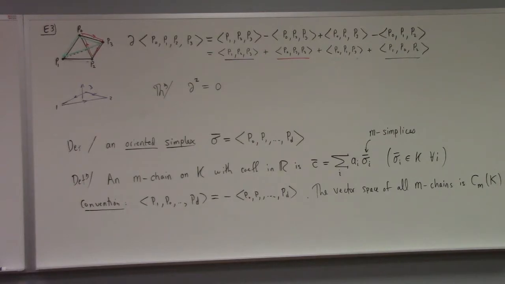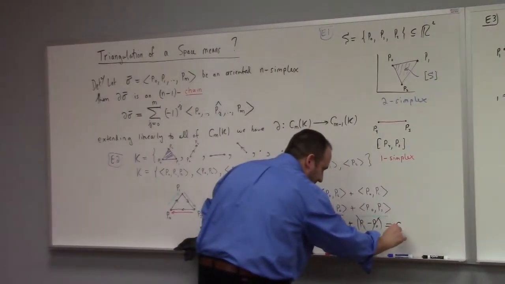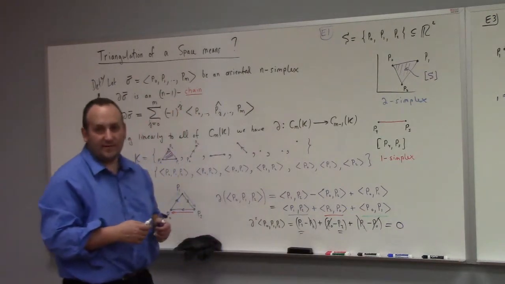This would be P2 minus P1 plus P0 minus P2 plus P1 minus P0. And as you can see, a 0.